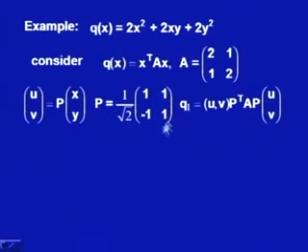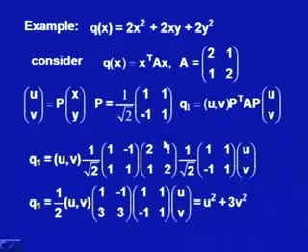How we arrive at this matrix, that I am not discussing at the moment, but if we use this transformation, then Q1 comes out to be (u, v) P transpose AP multiplied by (u, v), and if you perform this multiplication, then Q1 comes out to be u square plus 3v square.